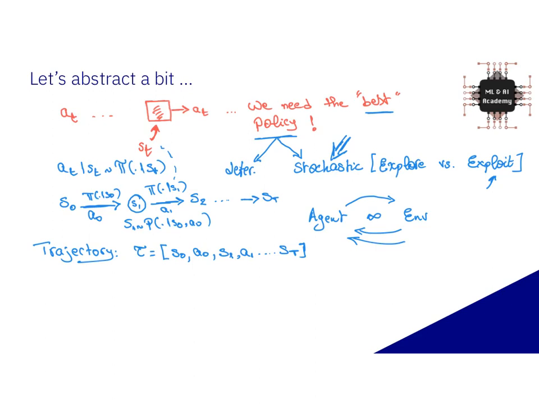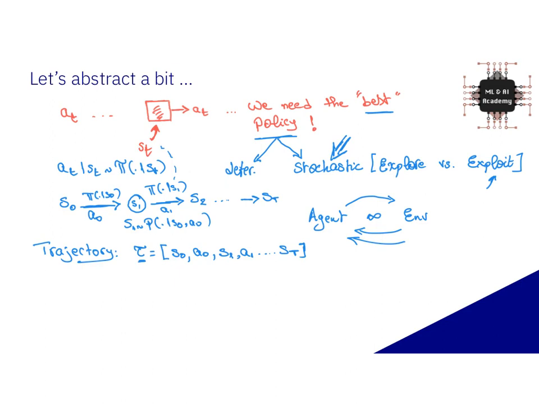Now, please notice that this trajectory itself is random. Because we have a random policy and a random transition, if I had started at S0 again, I would have drifted off into a completely different trajectory depending on the actions and transitions that I sampled. So this trajectory tau is not deterministic.